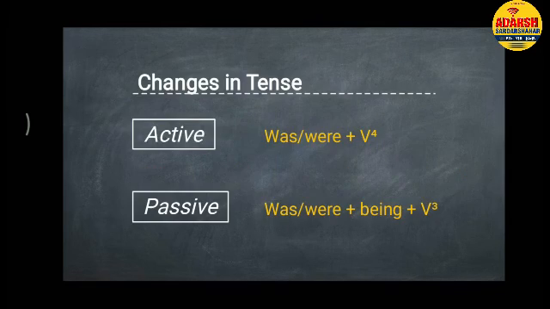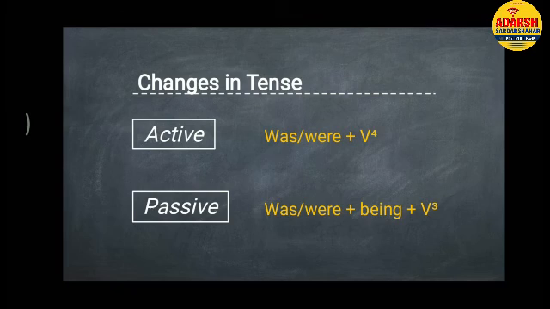So let's start. Here you can see that the helping verb in active voice is was plus verb's fourth form, which is the continuous form, and in passive it is was plus being plus verb's third form. If in any sentence you see the helping verb is was plus verb's fourth form, then this sentence would be of past continuous, and if we change it to passive, then we use helping verb was plus being plus verb's third form.